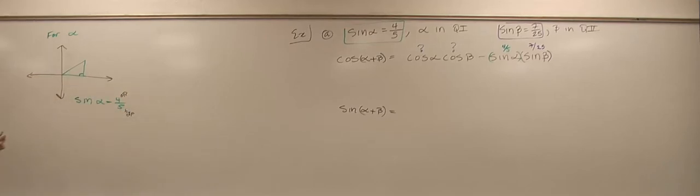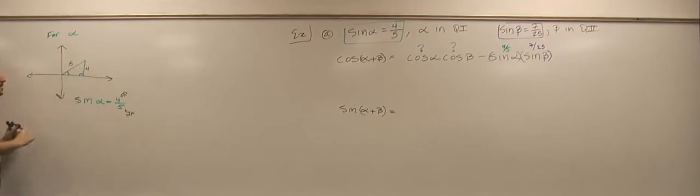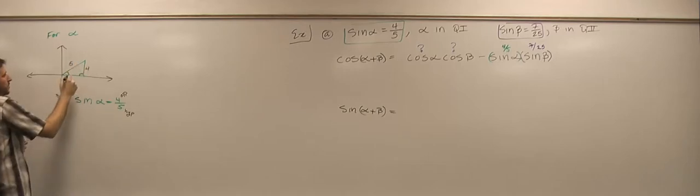So I'll label the triangle by putting 4 for my opposite length and 5 for the hypotenuse, and then solve for the adjacent length. What is it? 3, by the Pythagorean theorem: 5 squared minus 4 squared, square root.